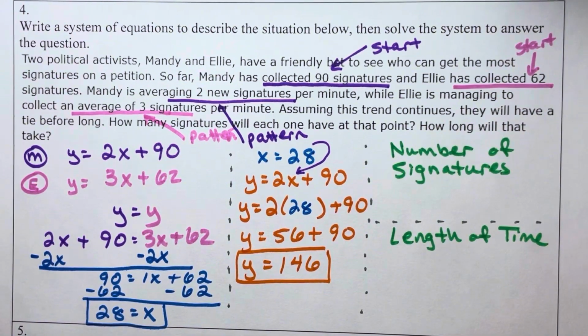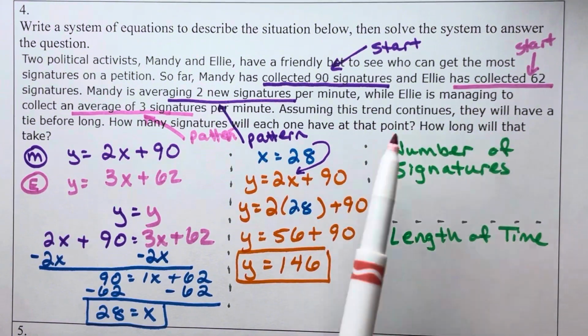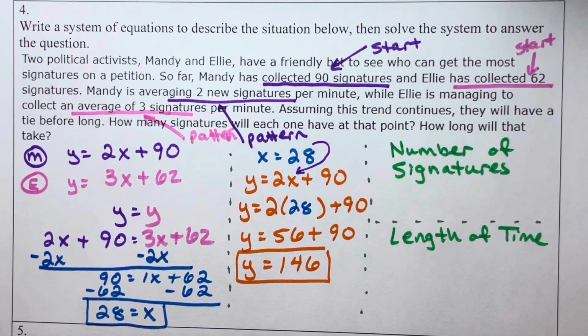We were asked to determine how many signatures each one will have at this point and how long that took. So you say, okay, what makes sense? Does it make sense to say the number of signatures, well, there's 28 of them, and that took a total amount of 146 minutes?